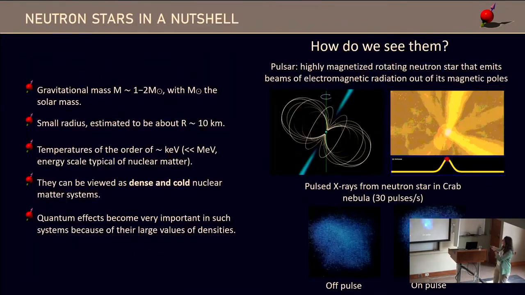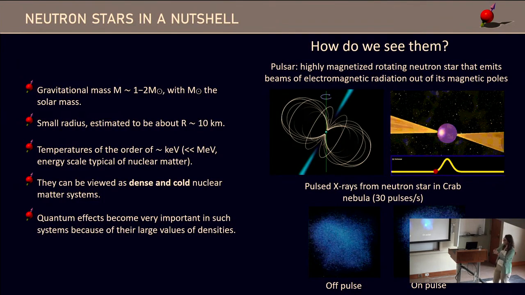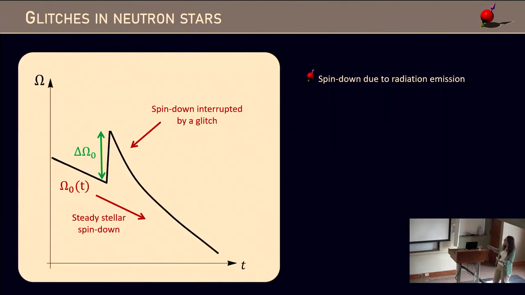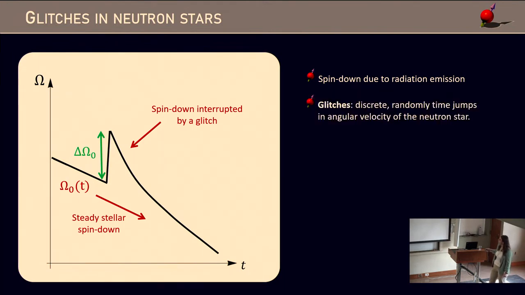Since it's rotating and it is emitting radiation, we expect that this object would lose energy in time, and so the rotation frequency should decrease in time. But every once in a while, you observe that this spin down is interrupted by a glitch. A glitch is a discrete and randomly timed jump in the angular velocity of the neutron star.